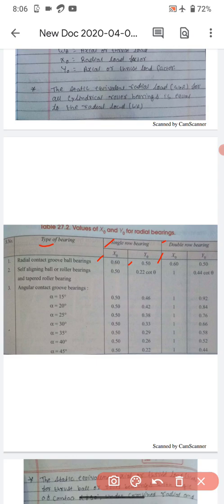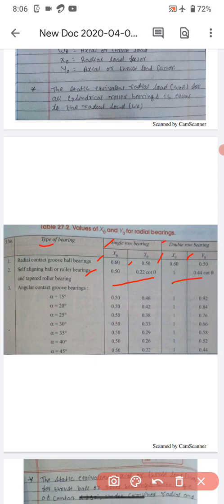And if it is a double row bearing, so X naught and Y naught you may see same. Next, if it is the self-aligning ball or the roller bearing and tapered roller bearing, so X naught is equal to 0.50 and Y naught is equal to 0.22 cot theta.